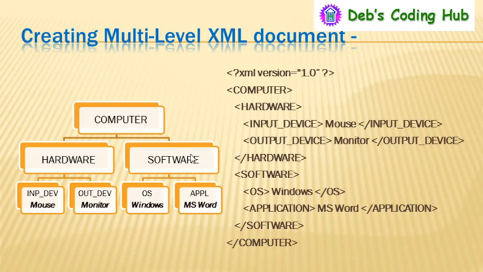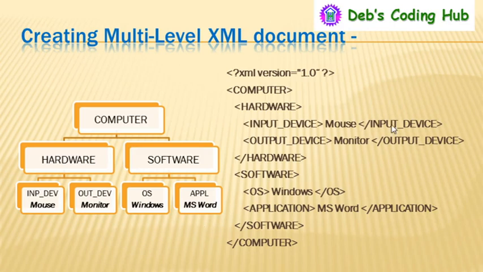And similarly, the right child, software, further contains two child elements, OS and application. For OS the value is Windows and for application the value is MS Word. Now it will be a three-level XML document.